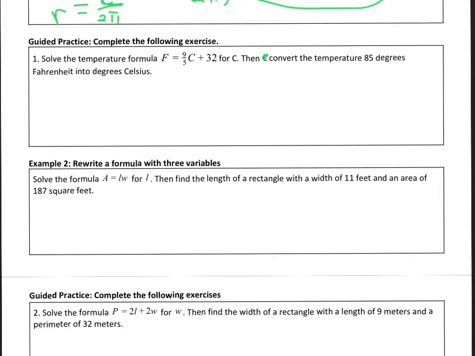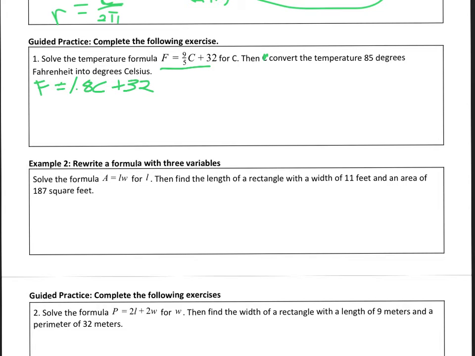For me to solve this formula for Celsius, I've got to do a couple things. First, I'm going to rewrite it. I'm going to do that every single time. If you're not really great with fractions, 9/5 is really just 1.8, so you could convert that to a decimal right off the bat if you want to. Solving this is really just a two-step equation.